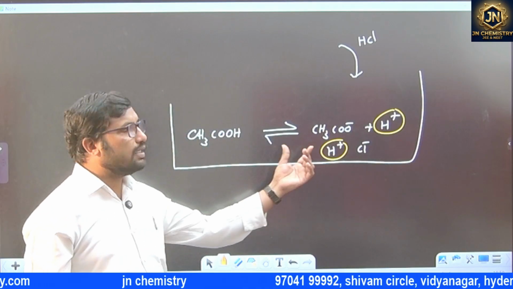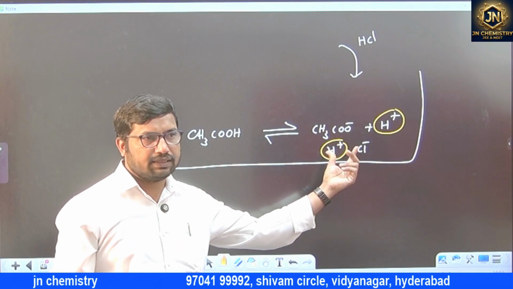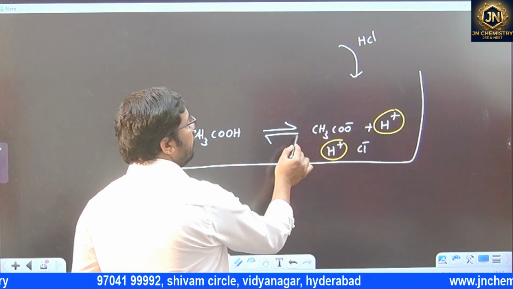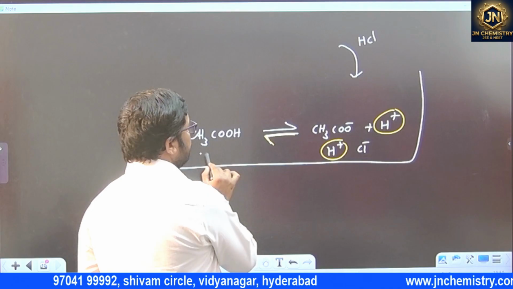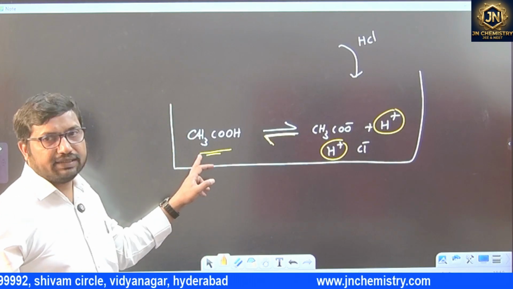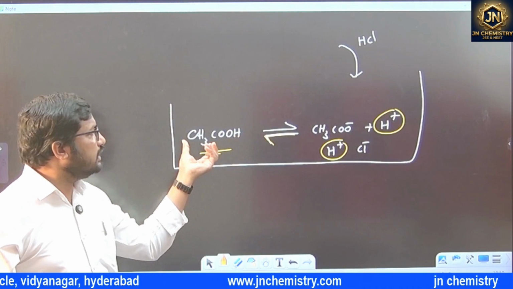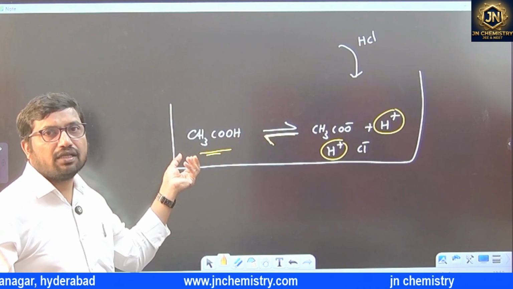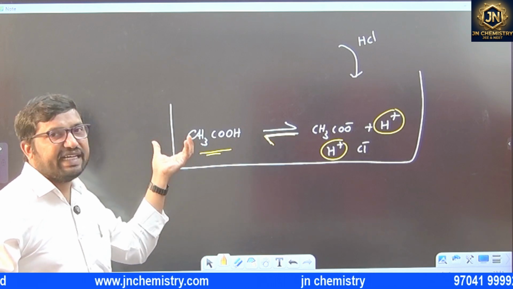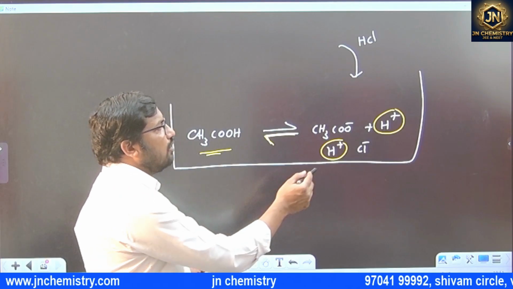So the product-side concentration, H plus, increases, and the backward reaction takes place. It is suppressed. Actually, this is a weak acid, so if you mix it with a strong one, the degree of dissociation or ionization is dramatically decreased. This is called the common ion effect.